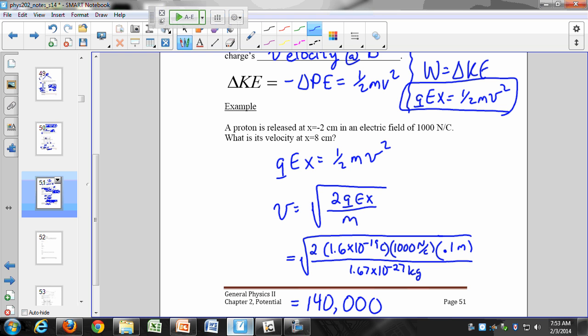I get 140,000 meters per second, keeping 2 sig figs. I should just keep 1, but I'll just keep 2. All right? It's pretty fast, huh? So what y'all got?